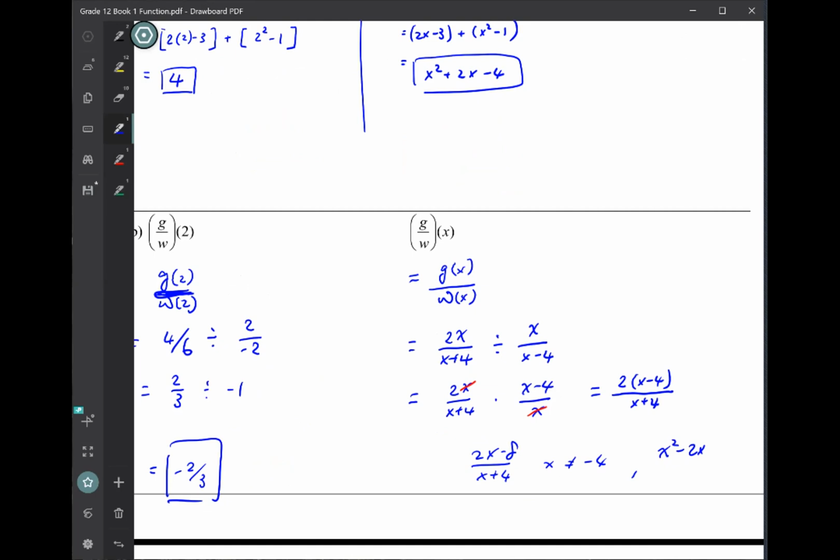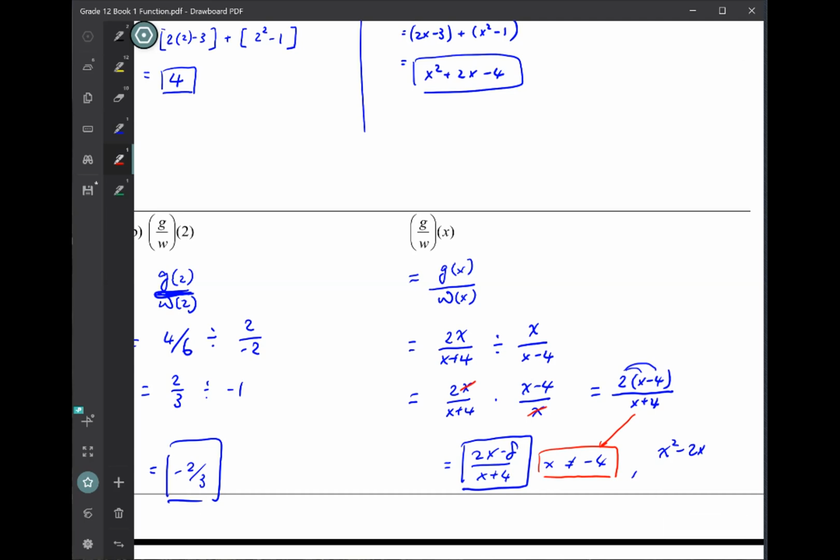Okay, Emily, does that make sense? Yeah. Okay. So if you expand the brackets, then that will get you the erased answer here. And then we also have a restriction. Eric told us to look at the denominator, right? So you get x cannot be -4. So this also came from rational expressions.